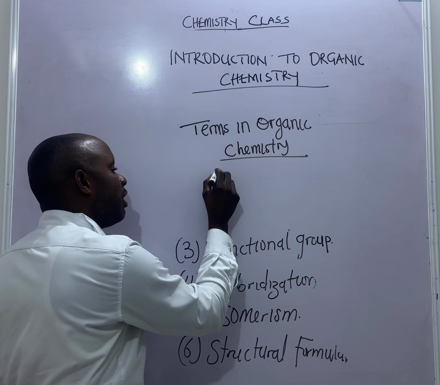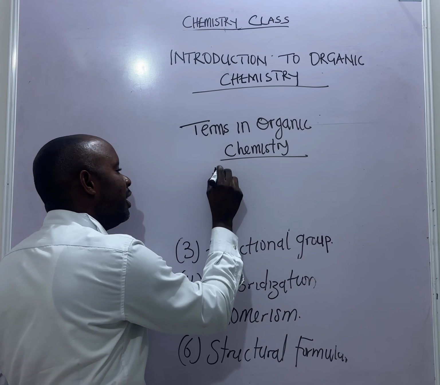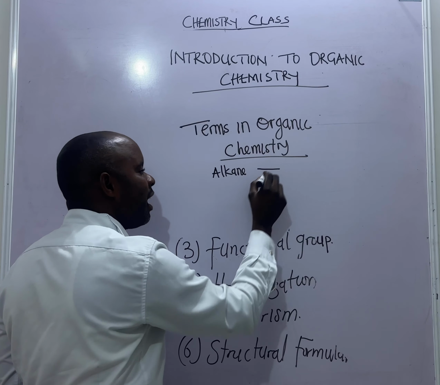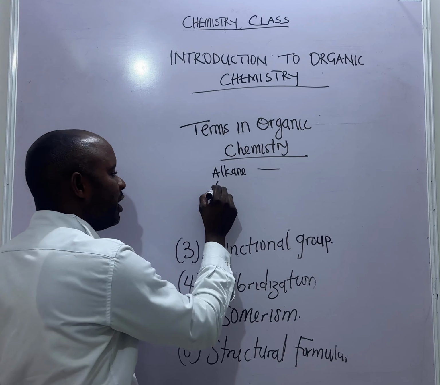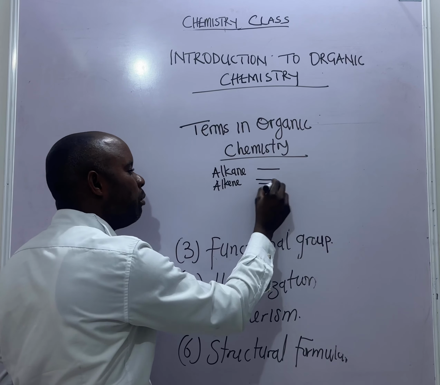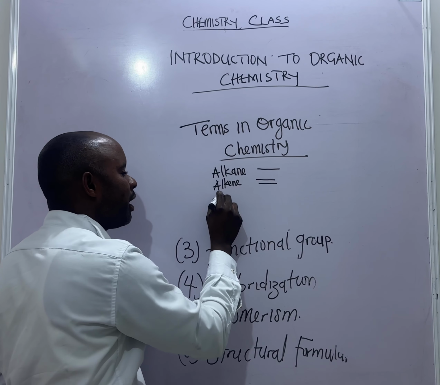A very good example: for the alkane family, to identify it, the functional group is a single bond. If the family has a double bond, we have an alkene, and if it has a triple bond, we have an alkyne.